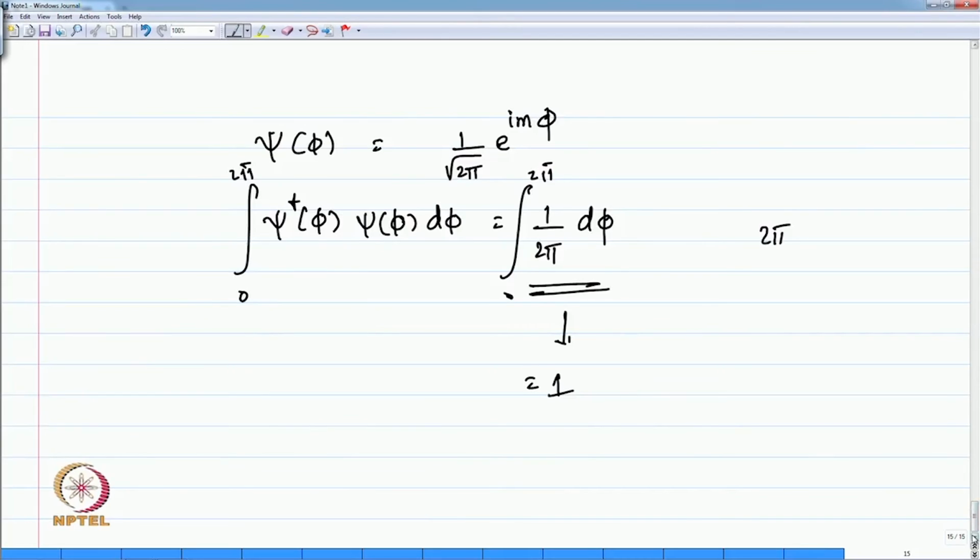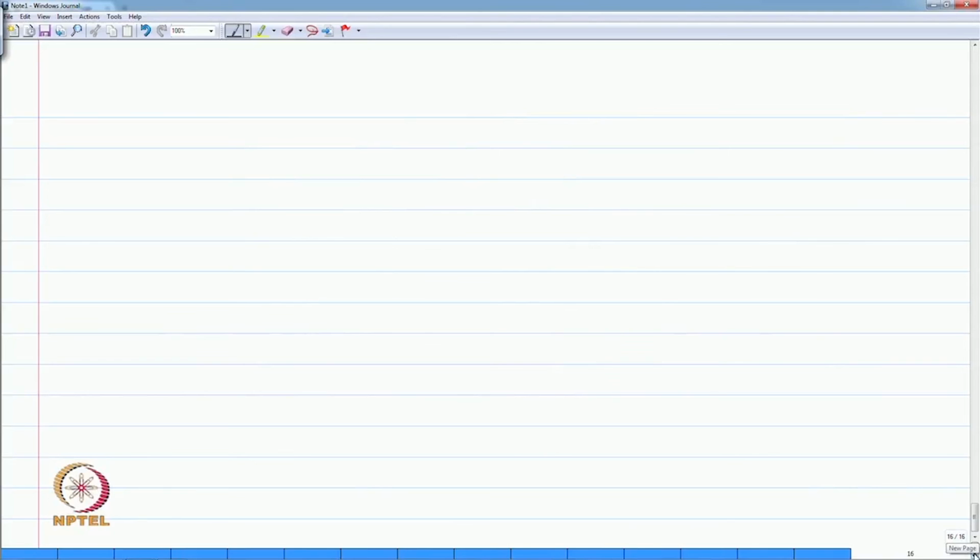So particle on a ring has 2 or 3 important summarized results. One, let me write the final summary here. Kinetic energy, we wrote this as minus h bar square by 2I d square by d phi square.